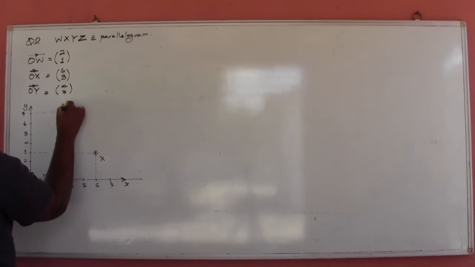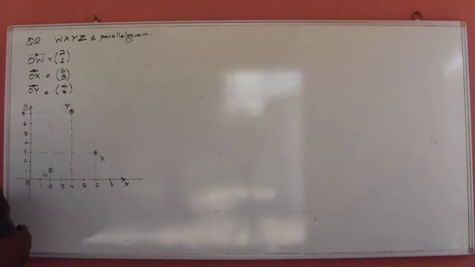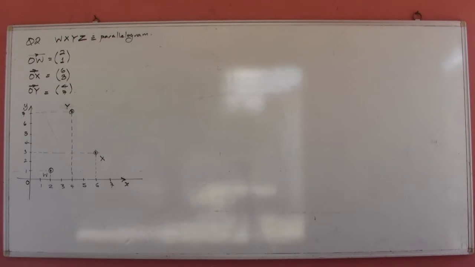This would be Y. Alright, so we have the points W, X, and Y displayed up there.